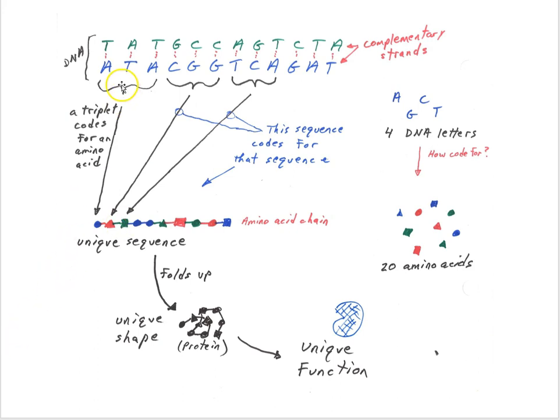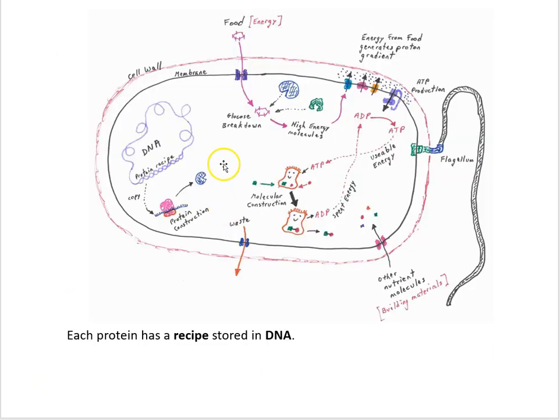And again, the cell has its ways of determining which sequence, the blue sequence or the green sequence, is actually the recipe for the protein, because certainly the sequences are different here, and they would build different proteins. So the cell will assign one of the strands to be the recipe for the protein. And so it is then that living things on Earth use the molecule of DNA to store the recipes for proteins.